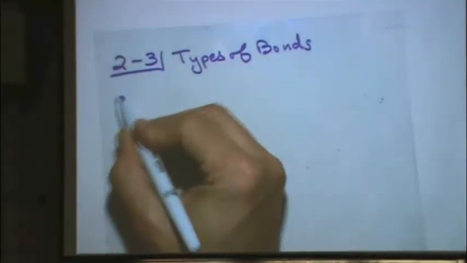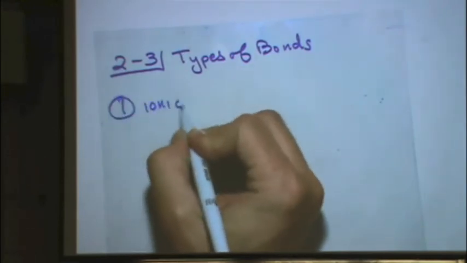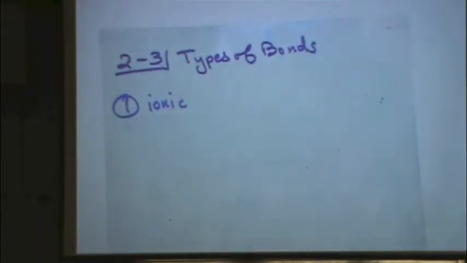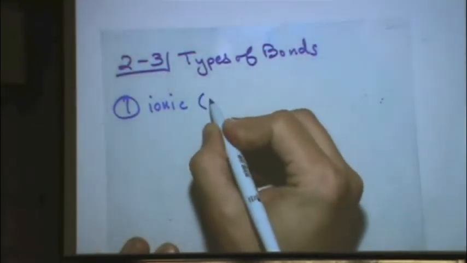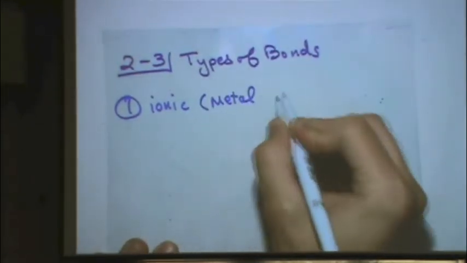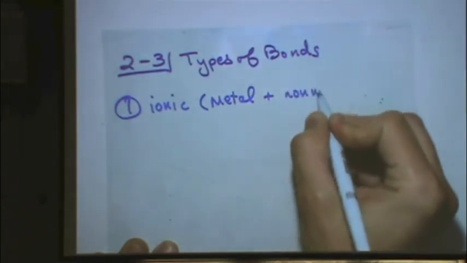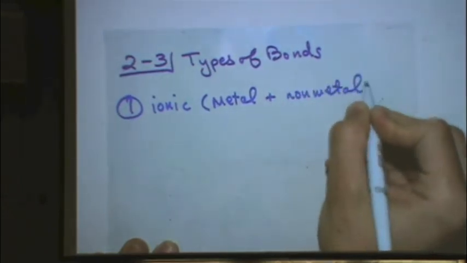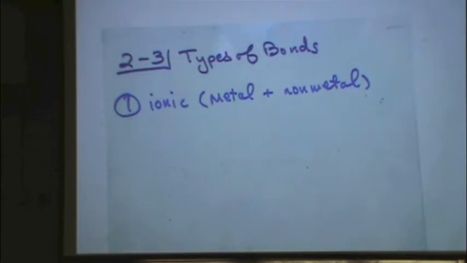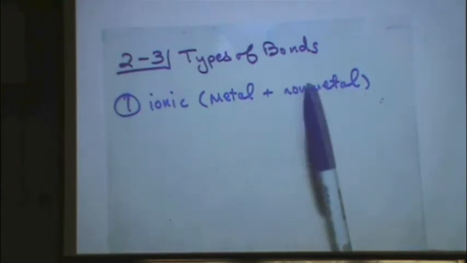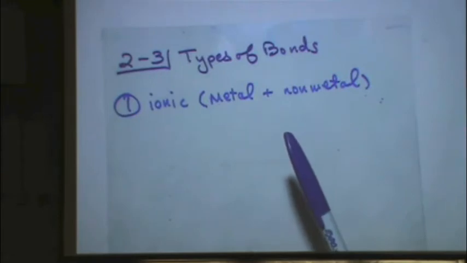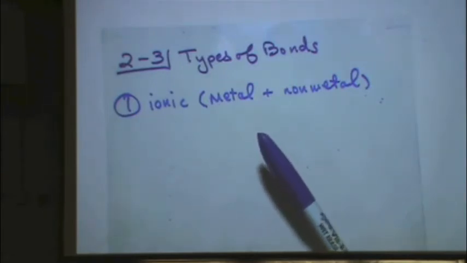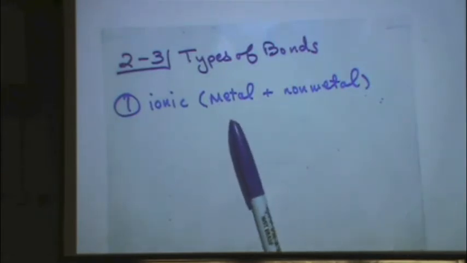Type 1, we already learned it, ionic. This is between a metal and a non-metal. So you need a metal and a non-metal. Which one's ionized, metal or non-metal? Which one do we ionize, losing an electron? From the last chapter, the metal is ionized.